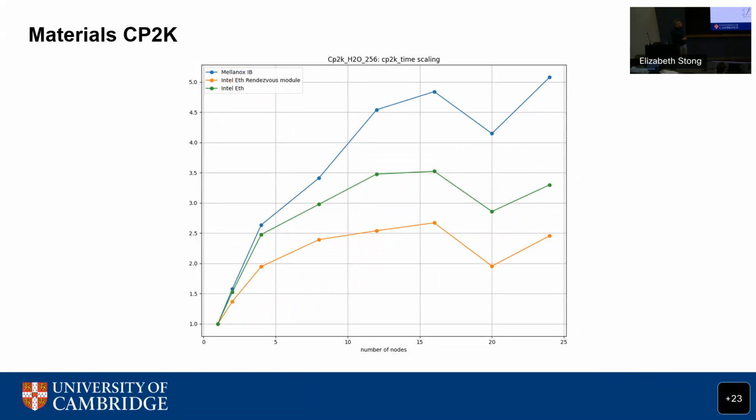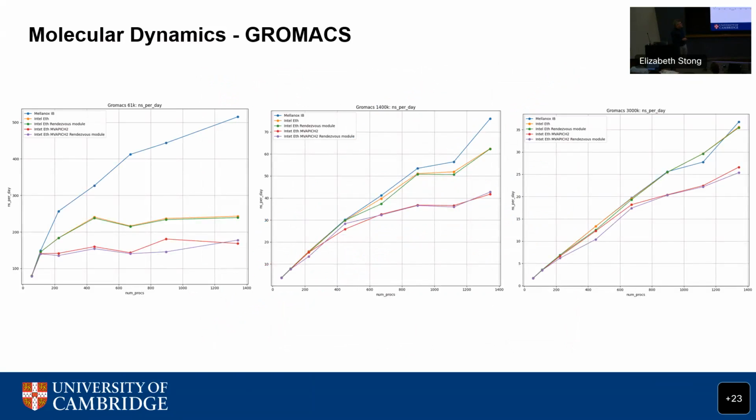I was going to talk about the test case. There we go for GROMACS. So it's similar to OpenFOAM in that we've got test cases increasing in size, going from left to right, and the Ethernet works okay at largish node counts with largish work group size and the largest test case size.